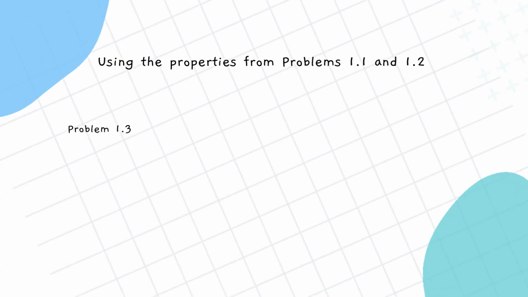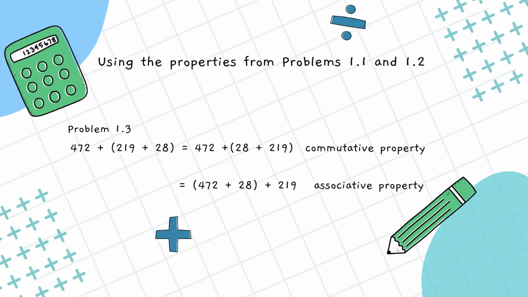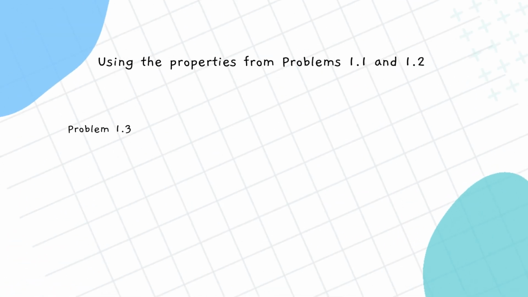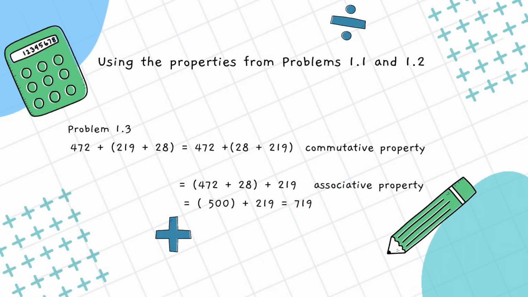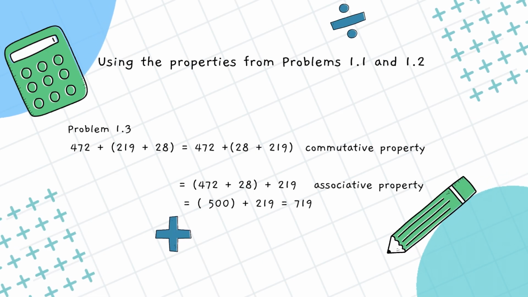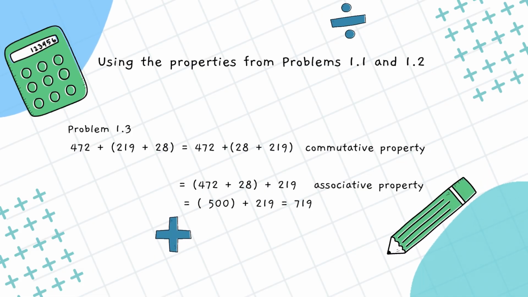Let's look at problem 1.3. Let's start with the left side of the equation. To do that, we need to switch the order of the 219 and the 28. We can do so by the commutative property. In other words, we replace 472 plus 219 plus 28 with the equal quantity 472 plus 28 plus 219. This expression is close to what we want.